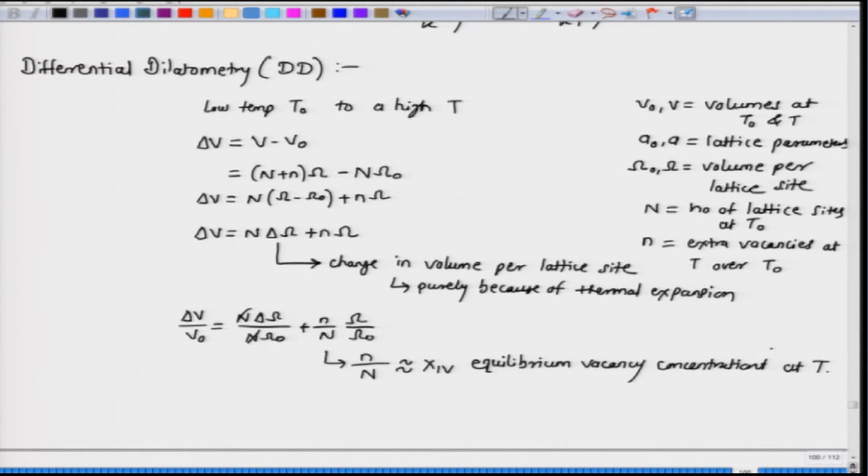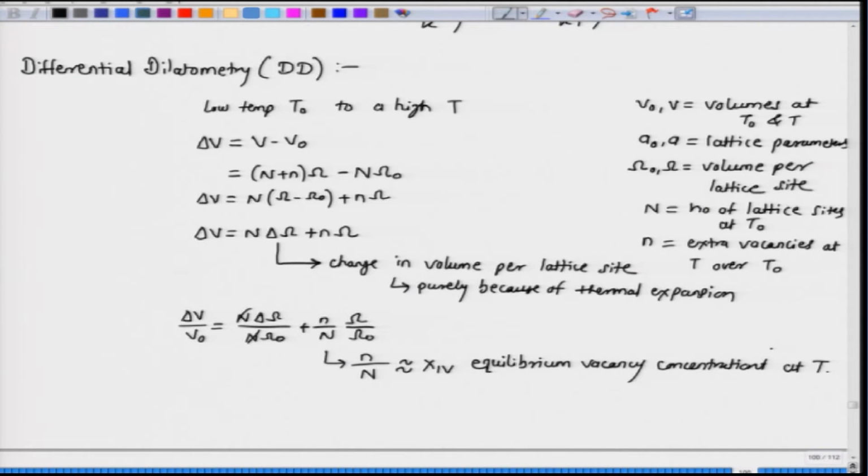This is because the temperature T0 is usually selected at a very low value and the temperature T is at a very high value, because of which the vacancy concentration at T is much higher than that at T0.